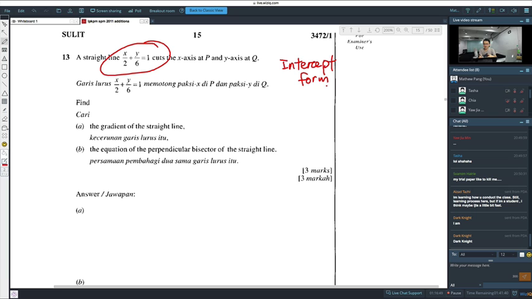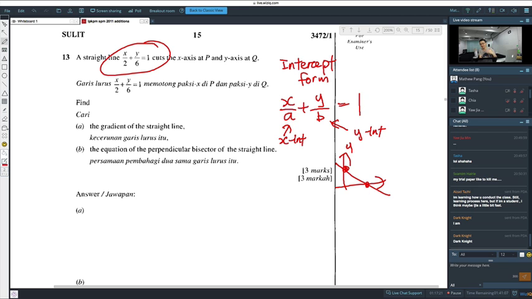Whenever you have x over a plus y over b equals positive 1, the value under the x is the x-intercept, and the value under the y is the y-intercept. Intercept means where a straight line cuts the y-axis, that is the y-intercept, and where it cuts the x-axis, that is the x-intercept.